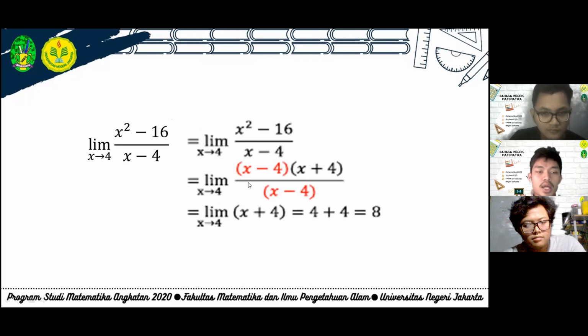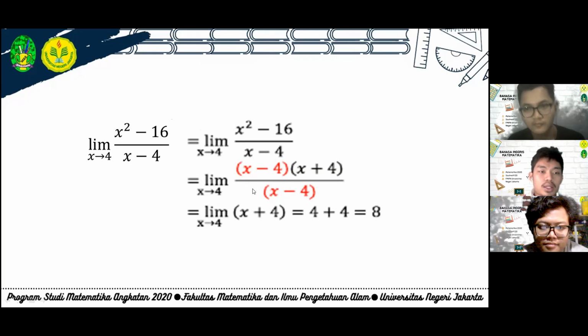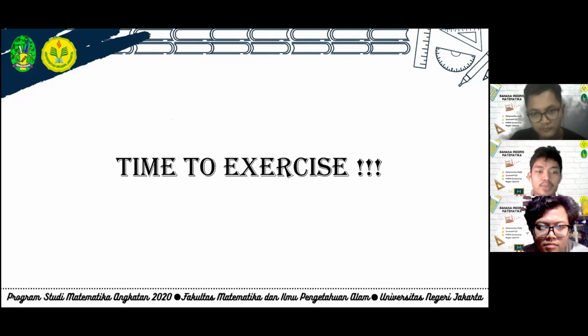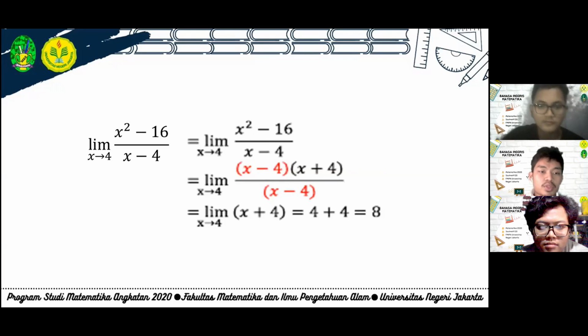We factor x to the power of 2 minus 16 to be (x plus 4)(x minus 4). The x minus 4 in the numerator can be divided by the x minus 4 in the denominator. Then we substitute the limit into the expression so that the result is 8.